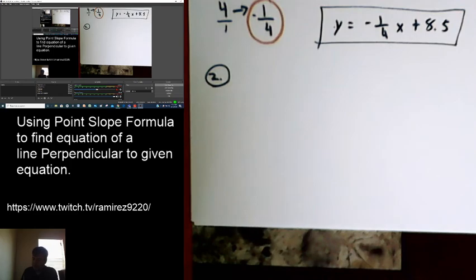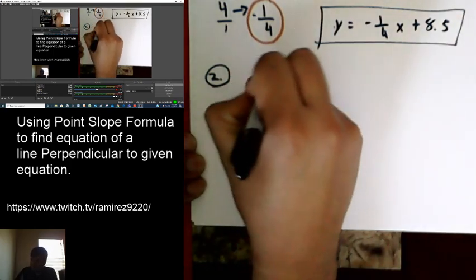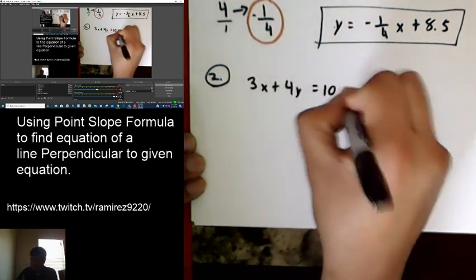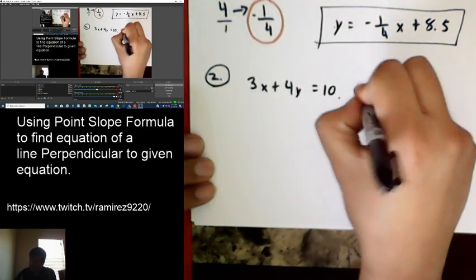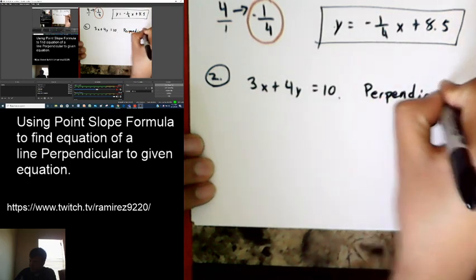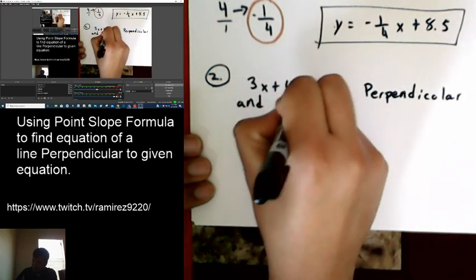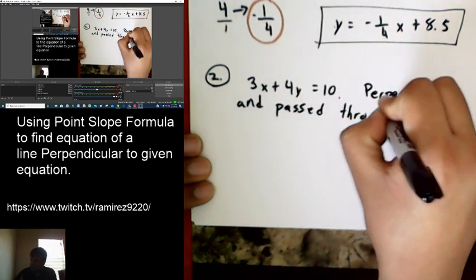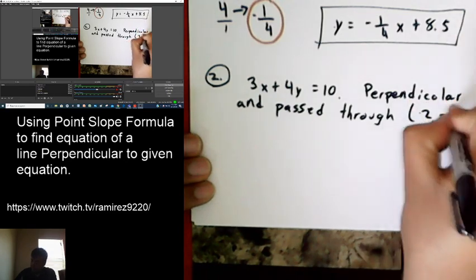Let's just say that the equation was 3x plus 4y is equal to 10. And your task was to find the equation that was perpendicular and passes through the point, I guess, 2, negative 5.